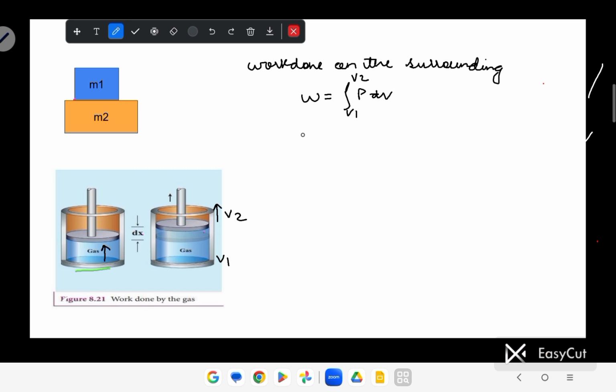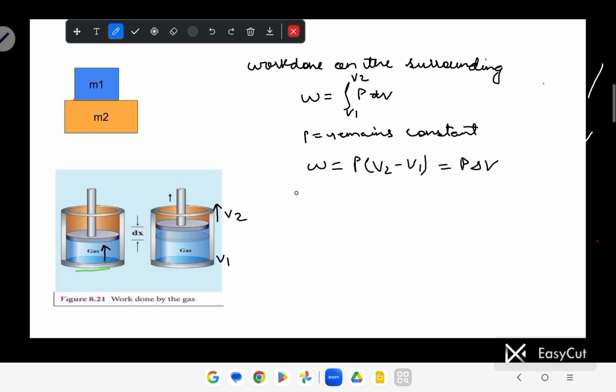Here dV is the small change in the volume due to the expansion of the gas. If the pressure remains constant, then work done can be given as P times (V2 minus V1). So you'll get P delta V over here, students.